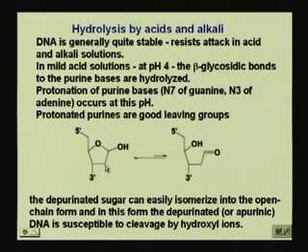You do not have the OH here, so this is part of the DNA strand, and this occurs under mild acidic conditions where the protonated purine is lost, and the sugar on the left hand side, which is depurinated, isomerizes to an open chain form.